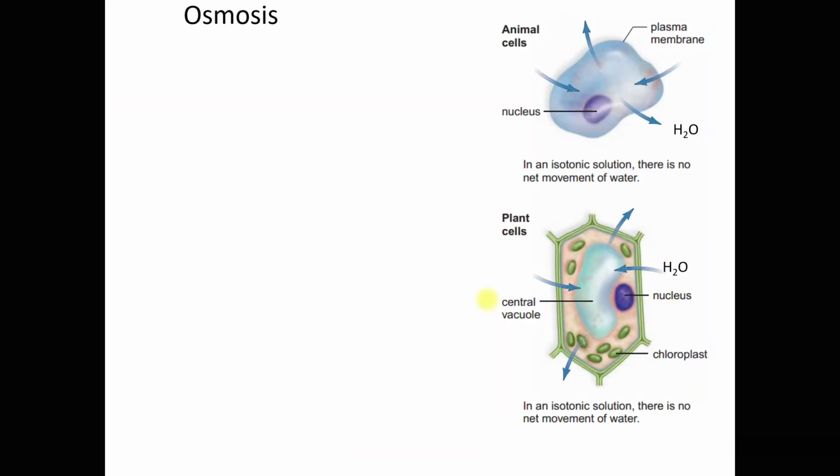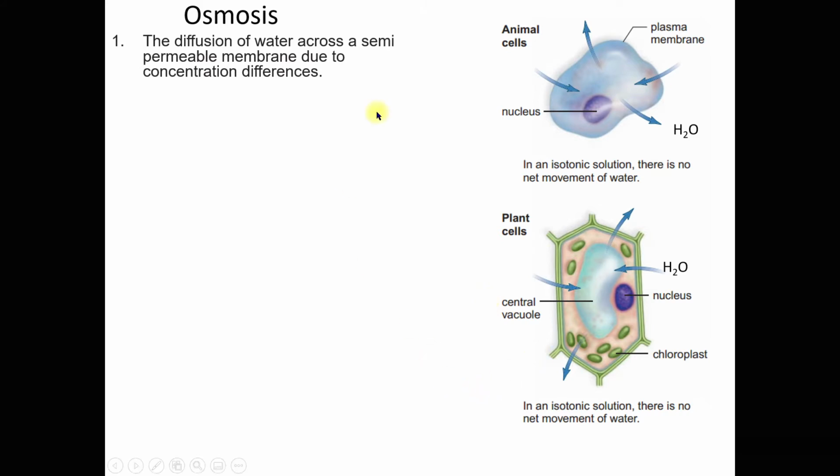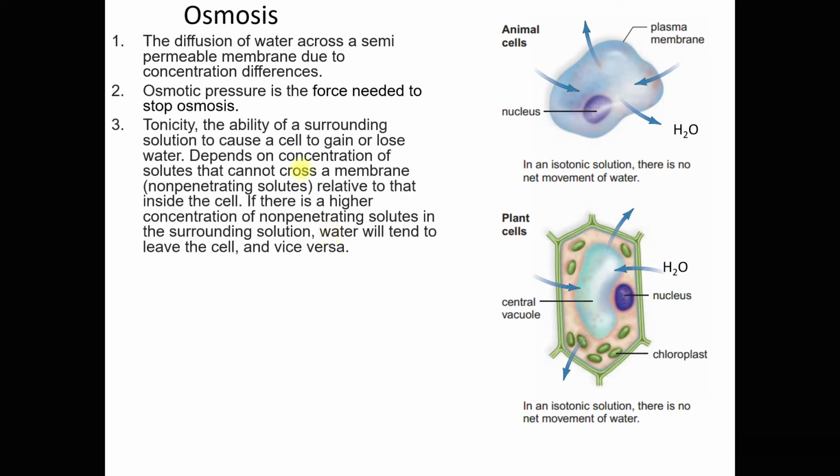Now osmosis is the diffusion of water across a semi-permeable membrane due to concentration differences. Osmotic pressure is the force needed to stop osmosis. Tonicity is the ability of a surrounding solution to cause a cell to gain or lose water.